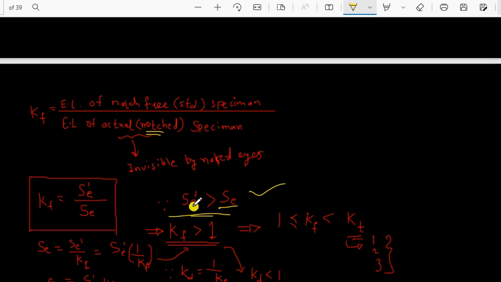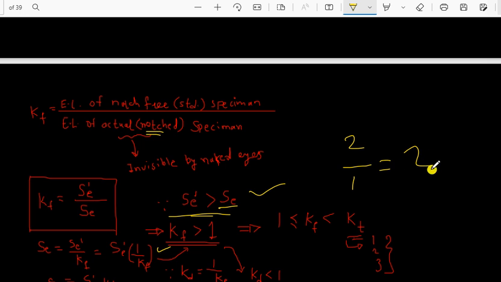So if that is the condition, then you will find the Kf value will be greater than 1. How? Let us say SE dash is 2 and SE is 1, which is lesser than 2. Let us say I am taking this as input.